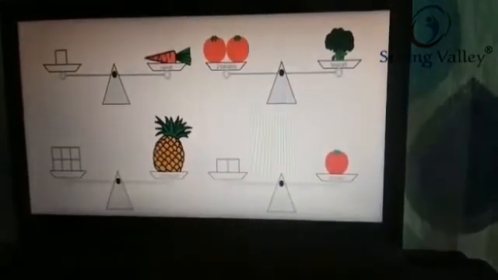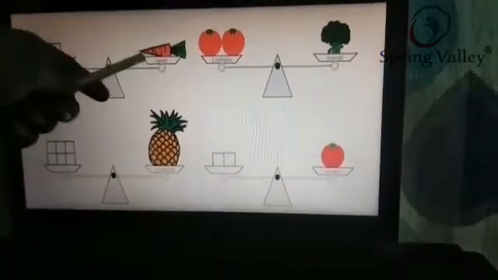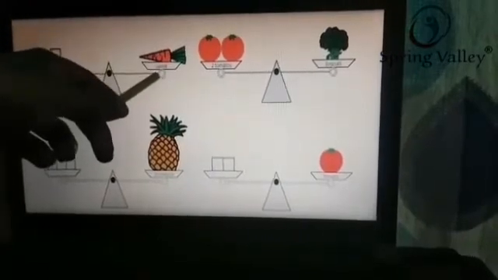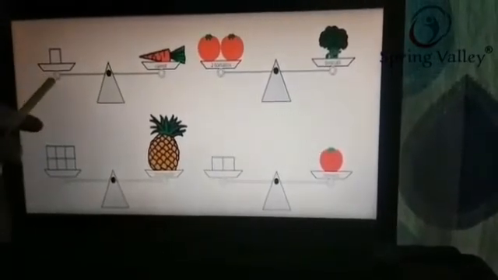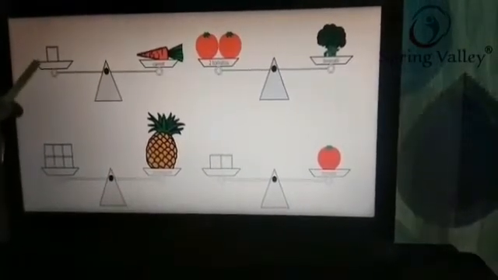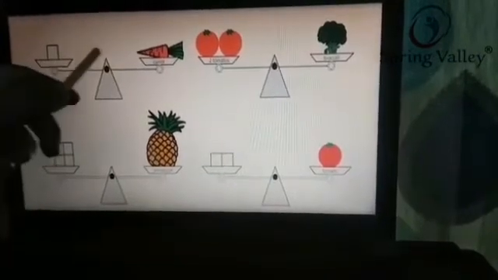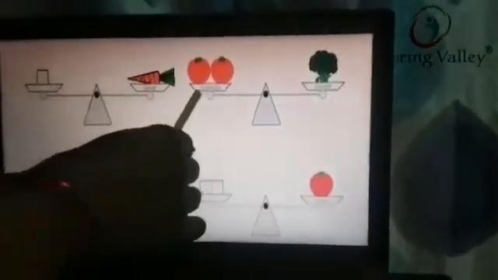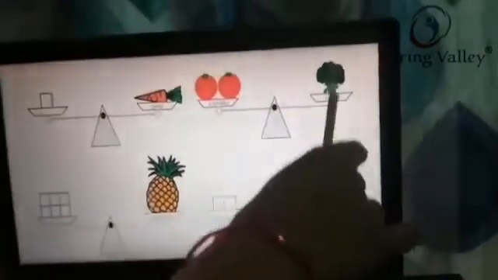So, here we have a carrot. In the weighing machine, we have a carrot, and on the other side we have a block. 1 block is equal to 1 carrot. It is equally weighed. Got it, children? Now, here we have 2 tomatoes and 1 broccoli. 2 tomatoes are equal to 1 broccoli.